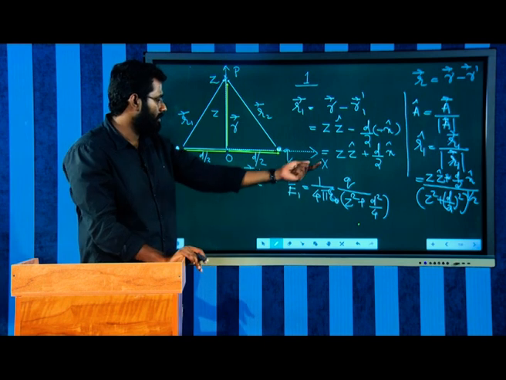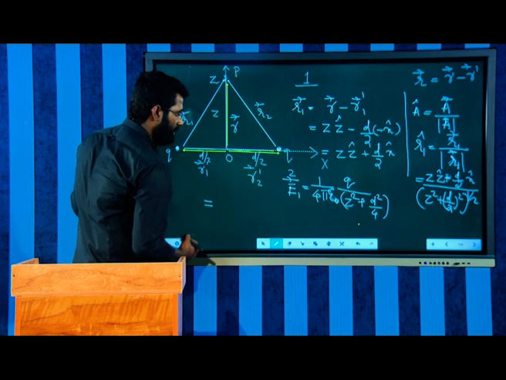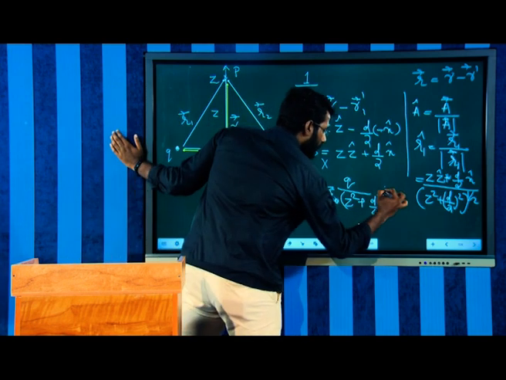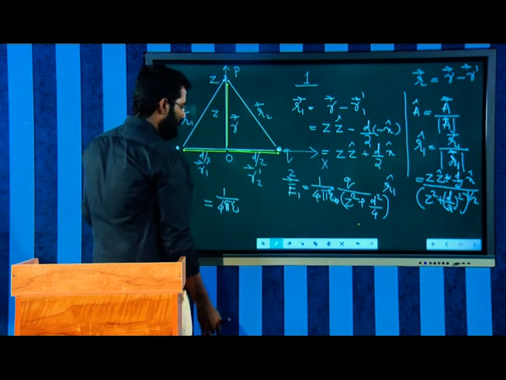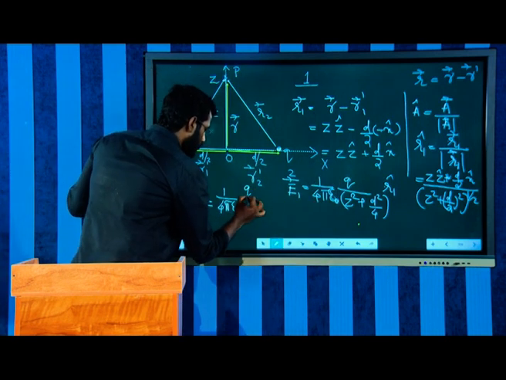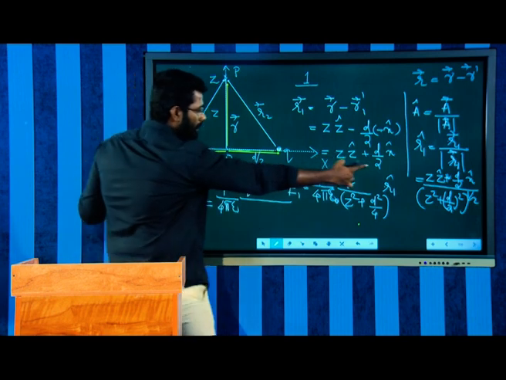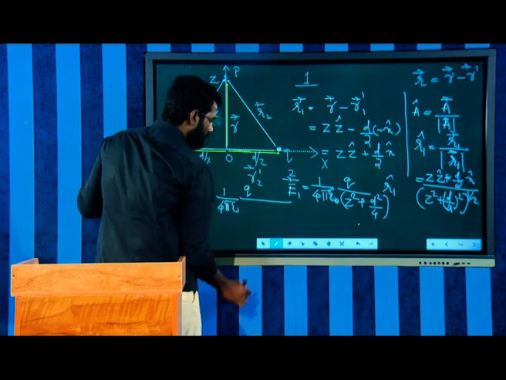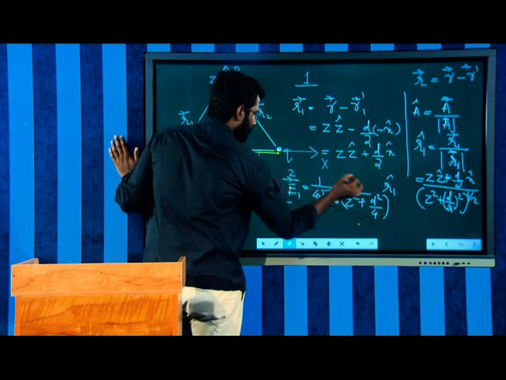Now let's substitute this back into our equation, and we get 1 by 4 pi epsilon 0 q divided by, and instead of r1 cap we substitute all this together, in the numerator we have z z cap plus d by 2 x cap.